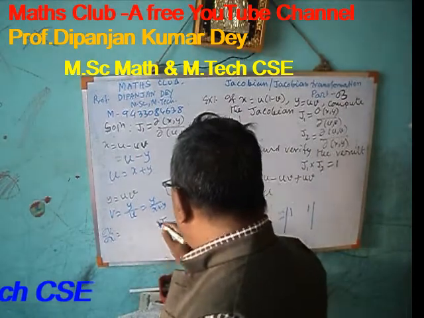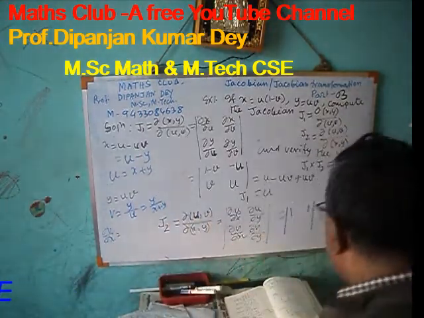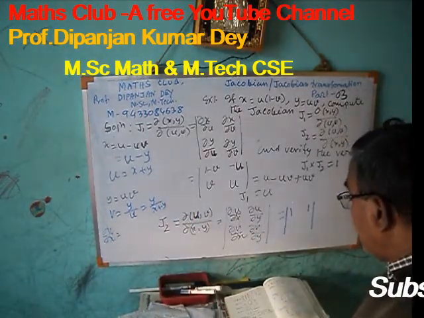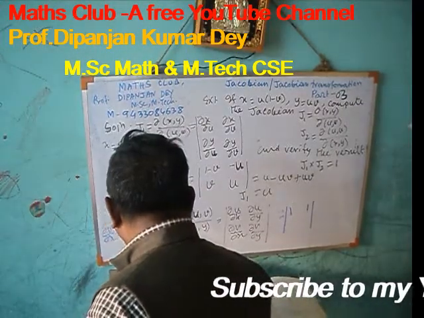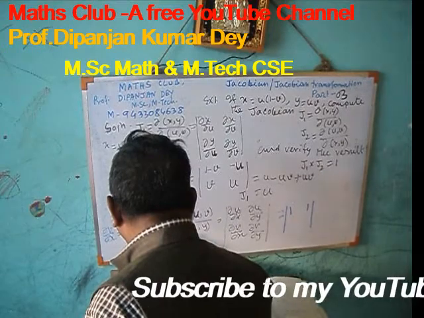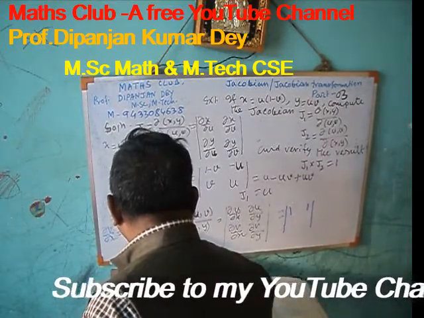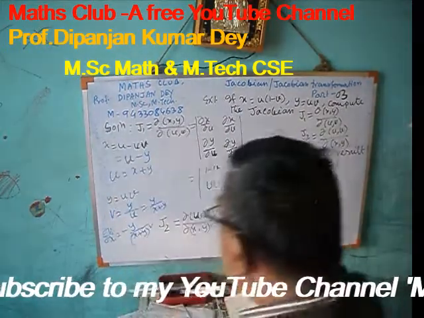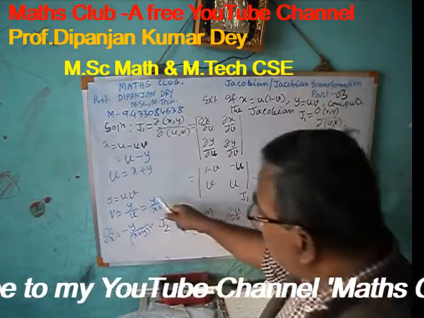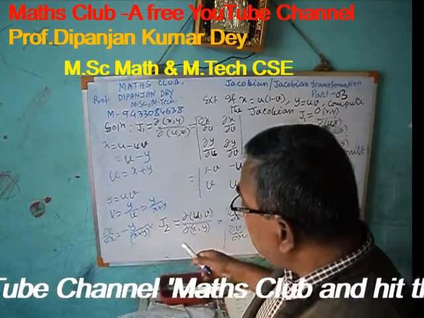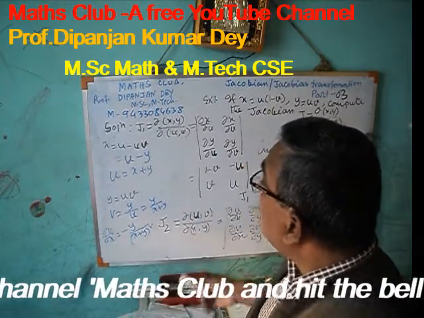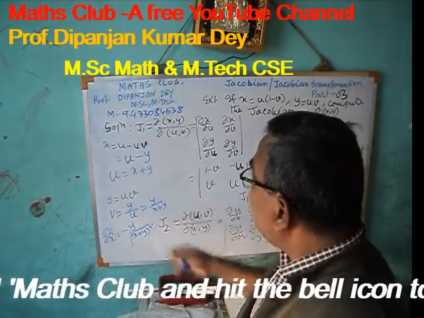So that means y times the derivative of 1 by x plus y, which is minus 1 by x plus y whole square into del x of x, that is 1. So del v del x is minus y by x plus y whole square.